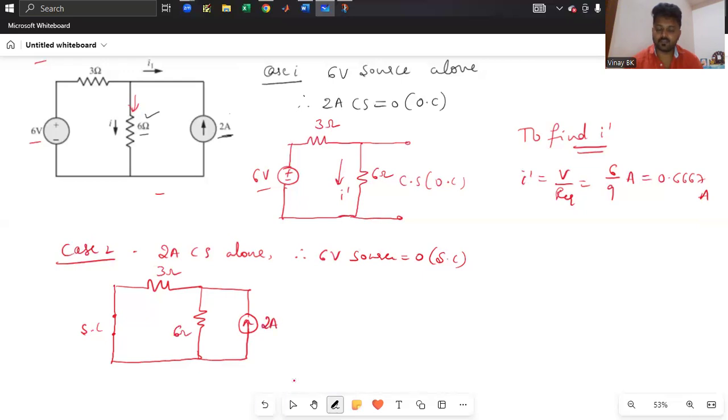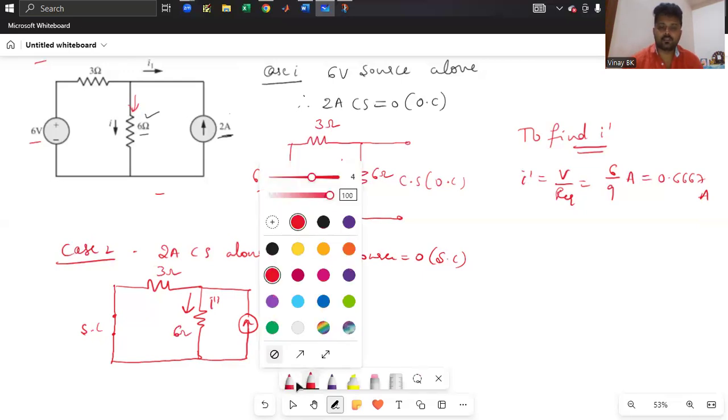Now this current is dividing. The current flowing through the 6 ohm is I double dash, according to the statement of the superposition theorem. You can easily find I double dash by applying the current divide rule.